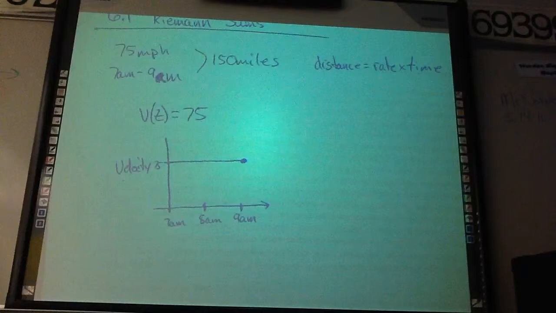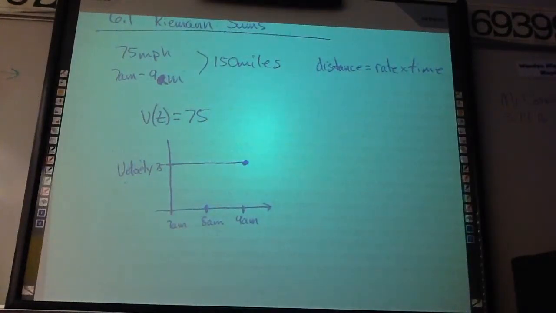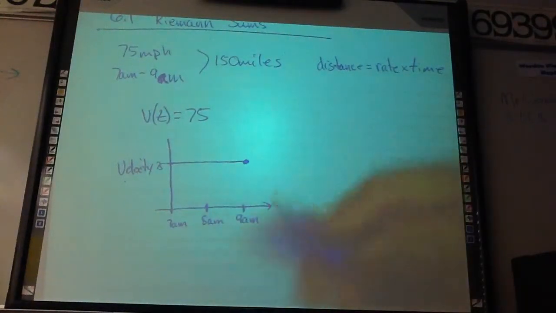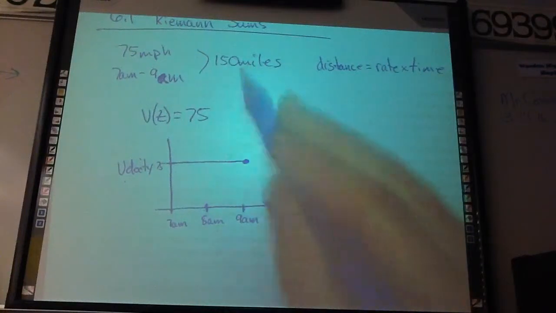There's a huge connection between this graph and this answer. If we go from 7 a.m. to 9 a.m., and the velocity is 75, we know we went 150 miles.